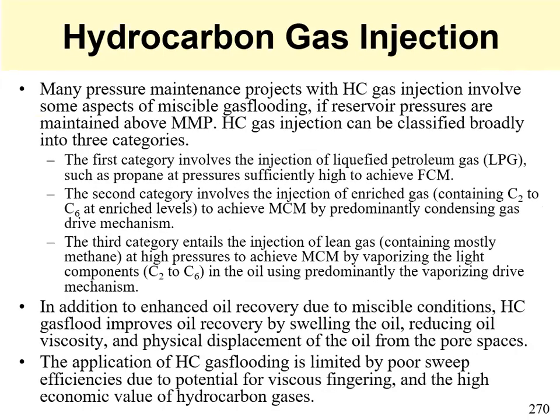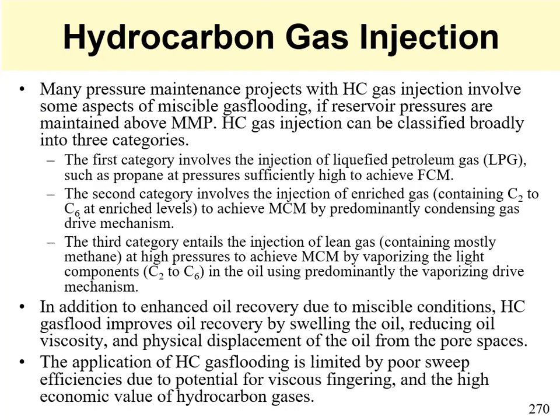For hydrocarbon gases for miscible injection projects or miscible gas flooding, we have three different categories. The first category involves injecting liquefied petroleum gases such as propane and butane at pressures sufficiently high to achieve first contact miscibility.